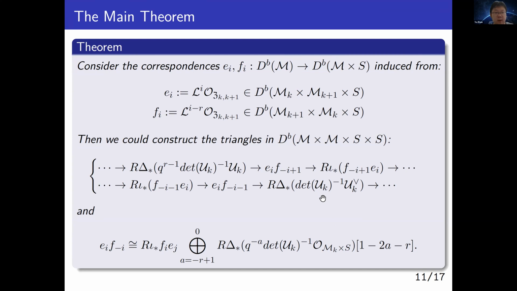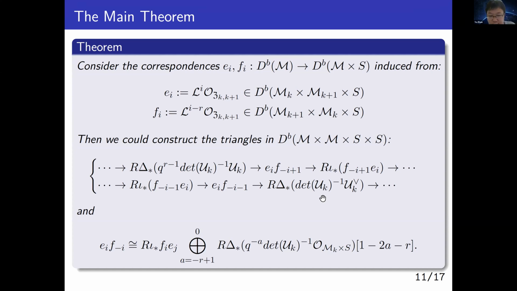So here we have a natural transformation from F_{-i-1} E_i to E_i F_{-i-1}. So if i plus j is positive or negative, the natural transformations are in different directions.